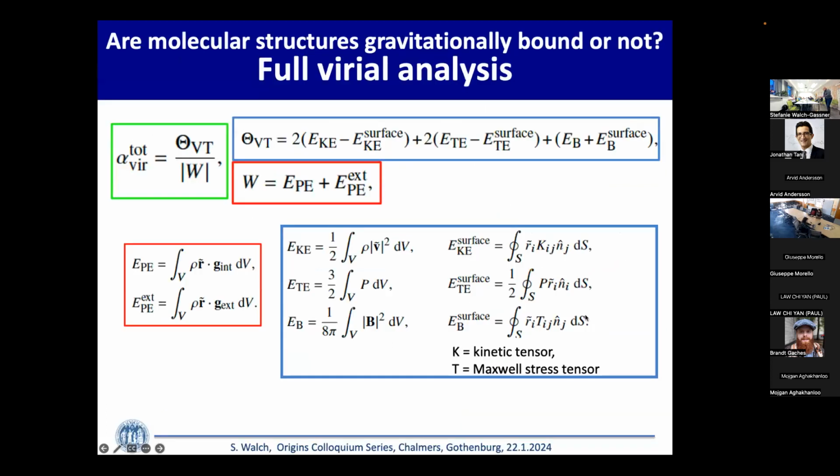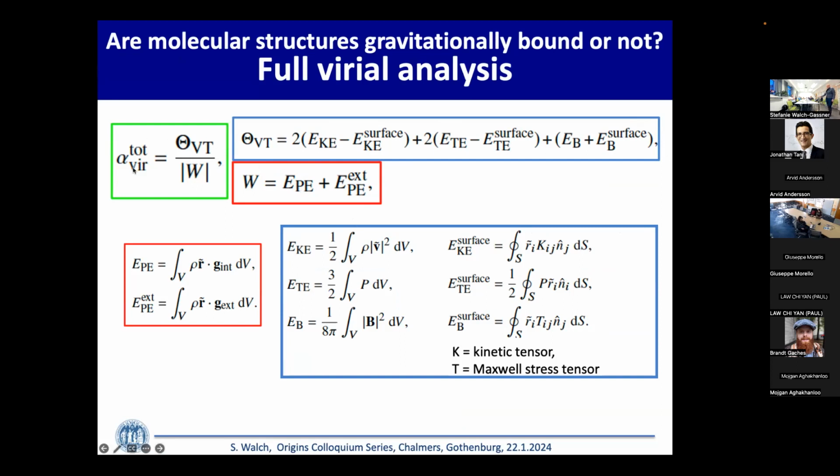So now let's do a full virial analysis, because in the simulations, we actually have access to all the terms. And so we can look not only at the volume terms we've just discussed, but also at the surface terms. And we can not only look at the potential energy of a structure, but also at basically the gravitational torques which are acting on the structure.